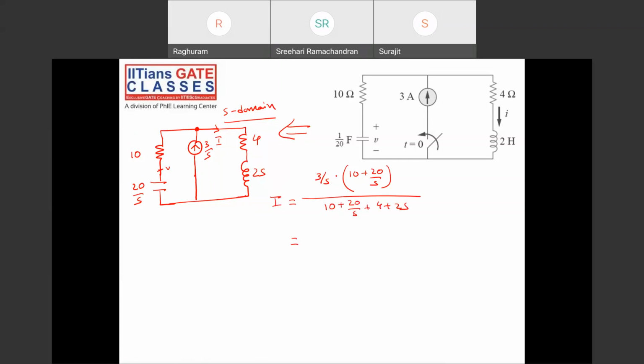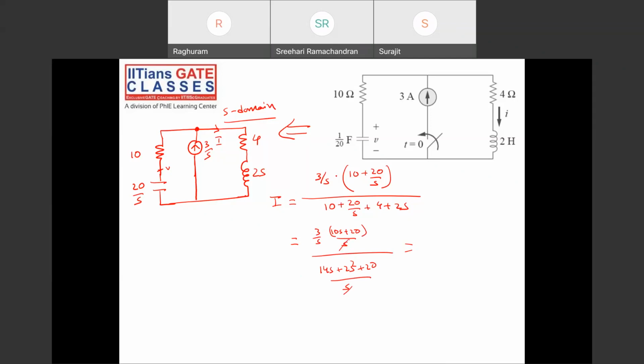This gives 10S plus 20 divided by 14S plus 2S square plus 20. S and S get cancelled. You need to factorize this again and apply the inverse Laplace transform to get it.